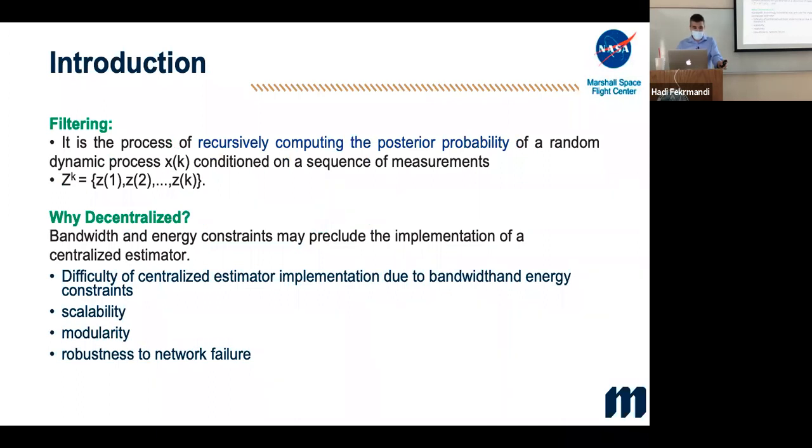And here I have Z. Filtering is the process by which we recursively compute the posterior probability of a random dynamic process given a sequence of measurements. K indexes time, so Z1 to ZK shows that you have K different measurements over time. That's where filtering comes into play.